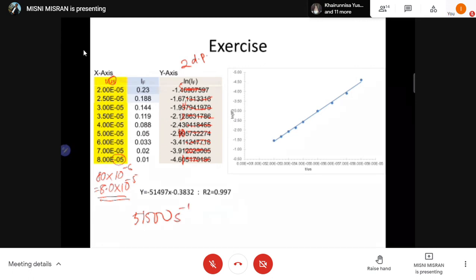So, I just plotted it on Excel. And if you extrapolate that, you get the intercept. So this is the intercept.